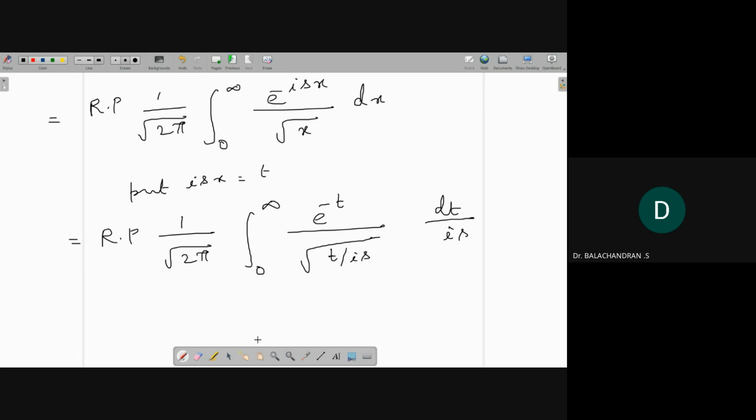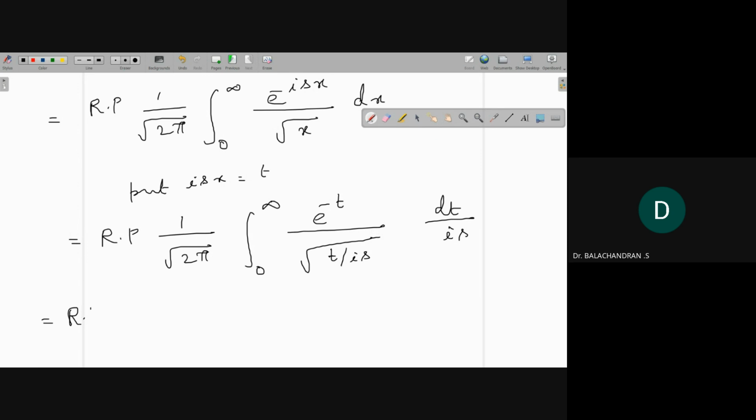So now this is equal to real part of 1 by root 2 pi. This i is also constant, and this s is also constant, because you are going to integrate with respect to t, 1 by is. Similarly, root is is also outside the integral.